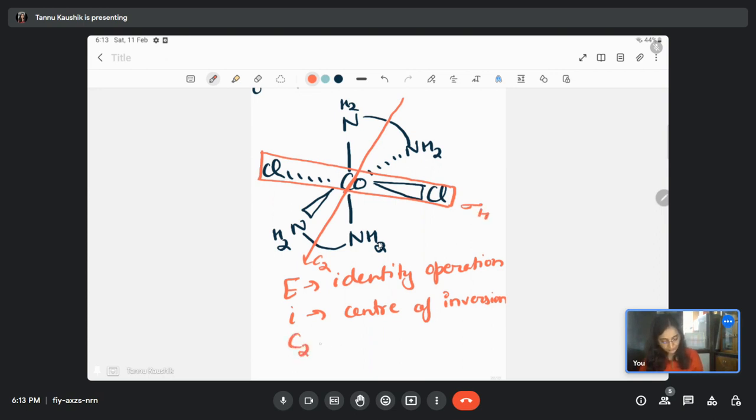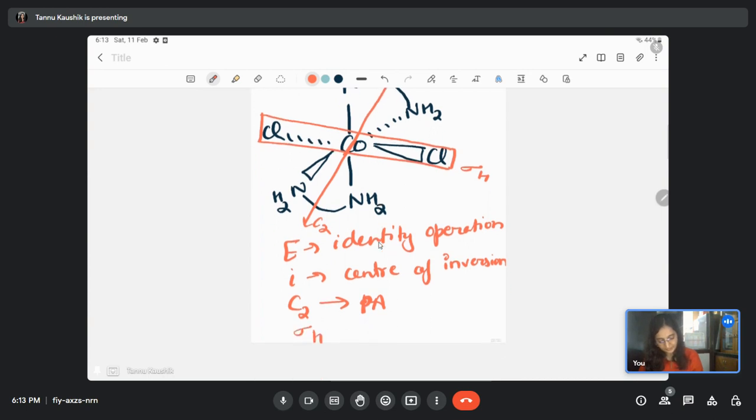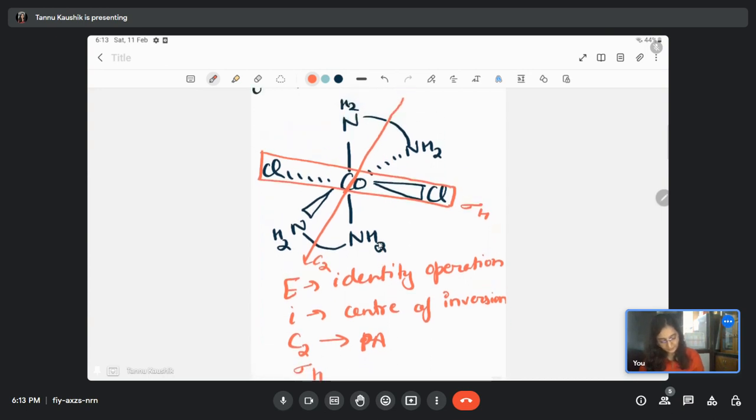This is the sigma H plane we have present, so here we have C2 operation, sigma H present, so we have order 4 for this molecule.